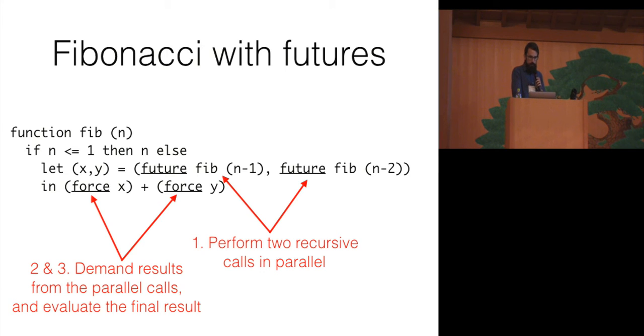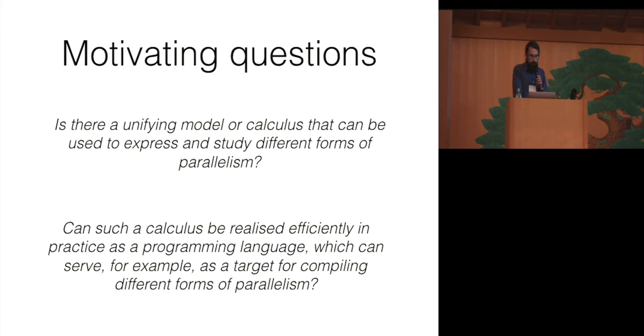So observation of these various, quite different parallel primitives leads us to an interesting question. Is there some model, or a calculus, or some form of expressing and thinking about different forms of parallelism, different modes of parallelism, as one?